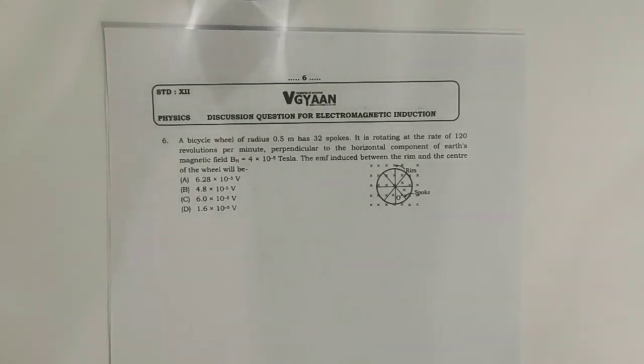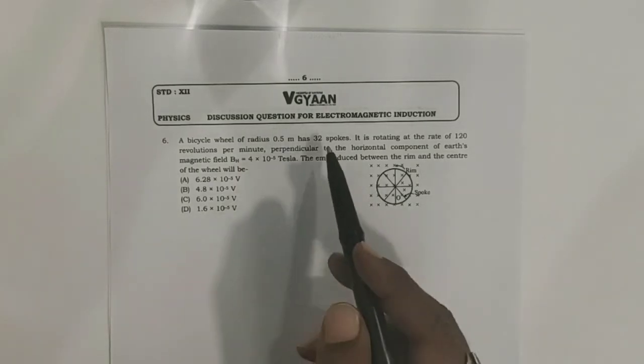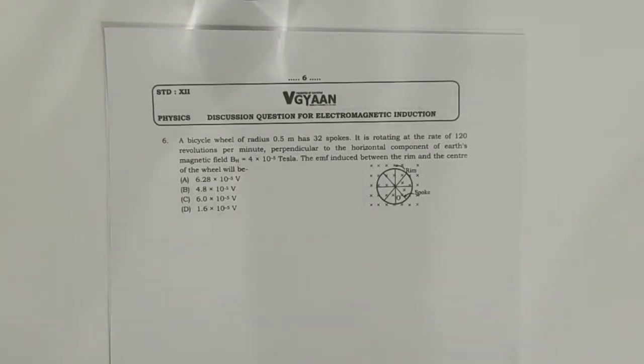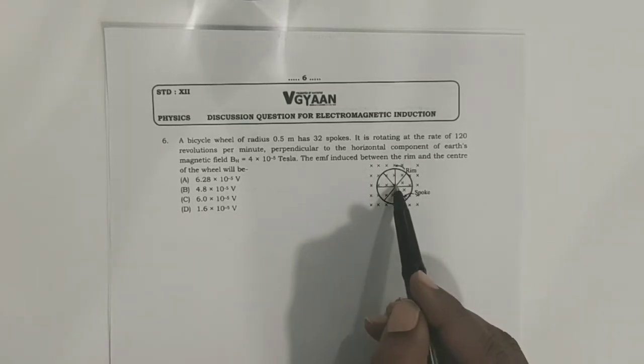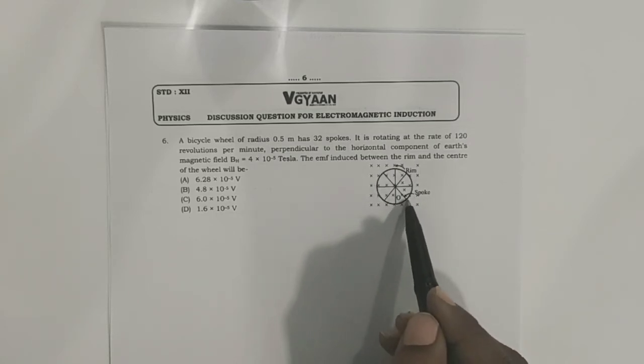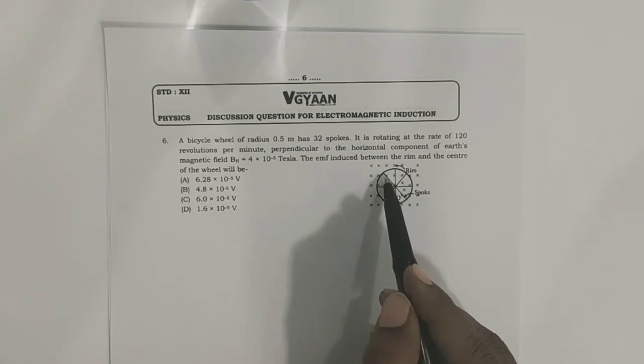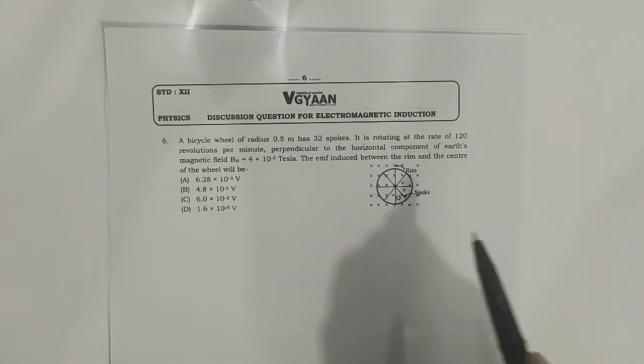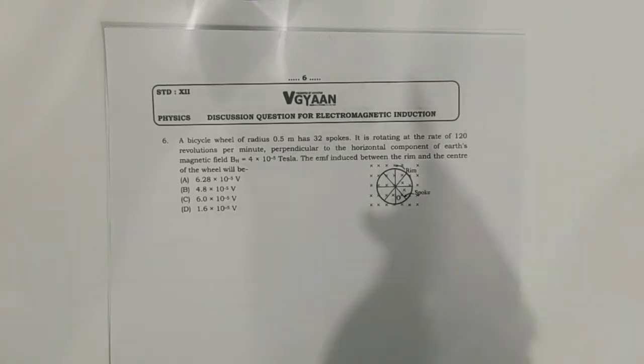Always remember, in such kind of questions, the number of spokes does not make a difference for EMF, because all these spokes are parallel to each other. They all have the center at the same point and their ends are connected, and they all perform the same type of angular motion, hence it does not make a difference what is the number of spokes.